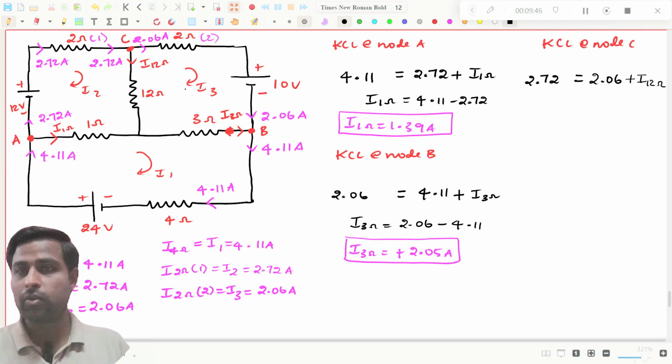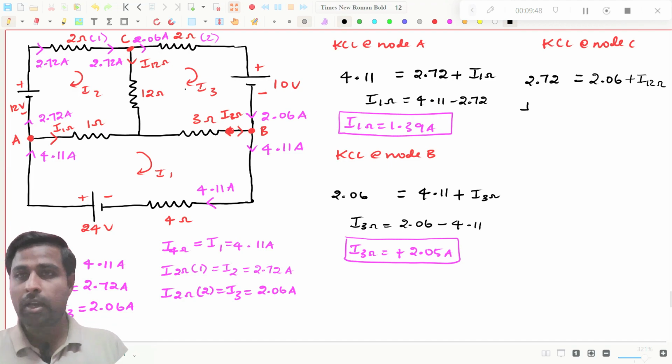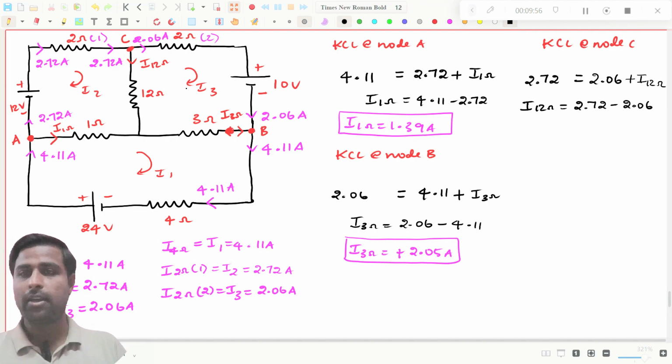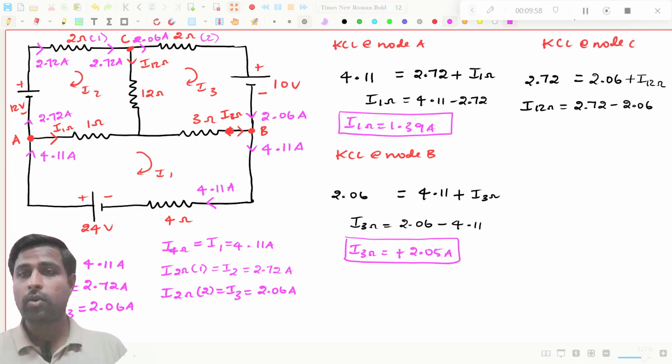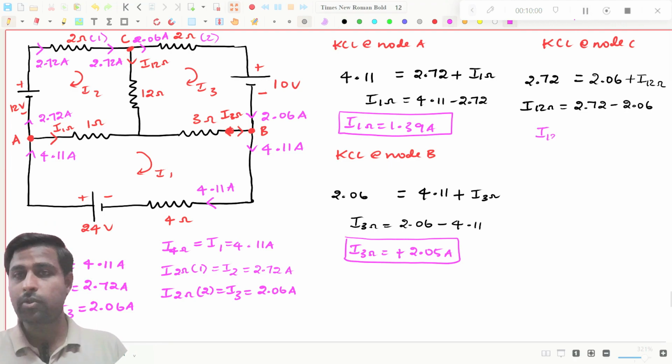That's all. Now if I want to find I through 12 ohms resistor, I keep this as it is, and this will be on the other side. So if I simplify, I am getting I through 12 ohms equal to 0.66 amperes.